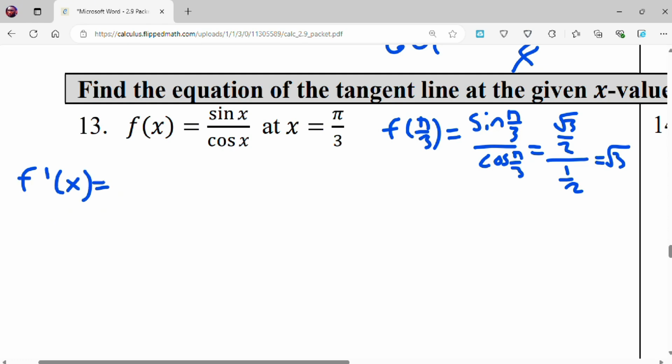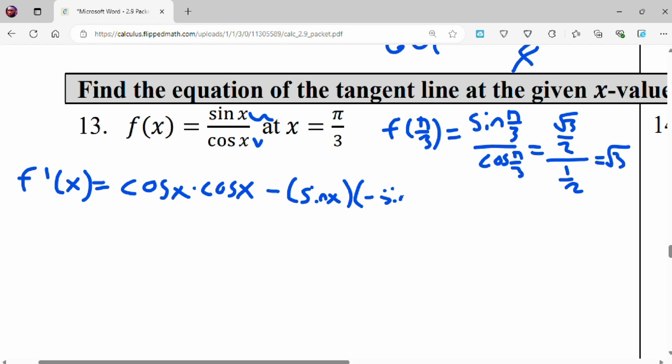f prime. So we label v, u. It's a simple one. So v times u prime, so times derivative of u, which is cosine, minus u times derivative of v, so v prime, which is negative sine x. And so we get cosine.